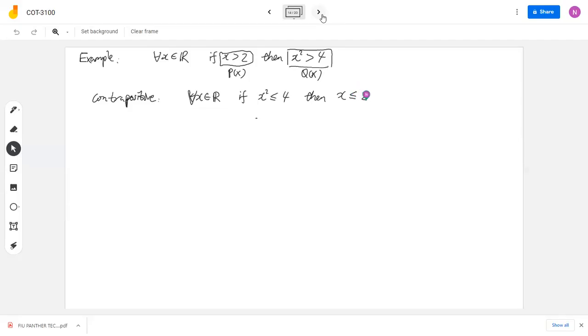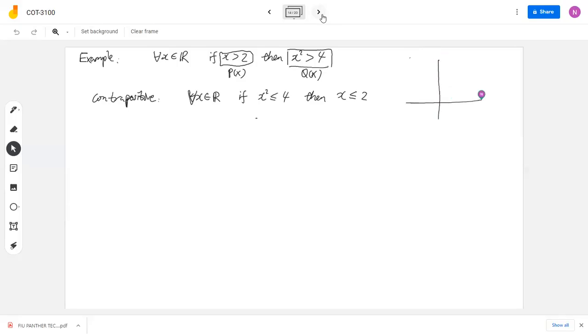We know the original statement is true, right? Because if you look at the plot of x squared, with 0 and 2 marked. Not very well plotted, so let's try again.